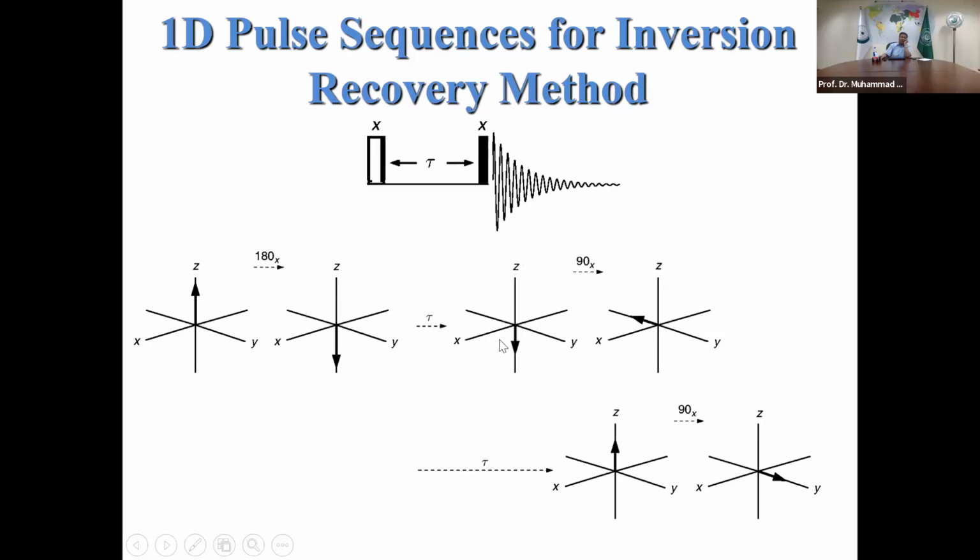And every time, after a certain time delay, if it is a negative signal, it will come by the right-hand thumb rule, minus. If it is a positive signal, up, then it is going to be plus. So you see from full negative to full positive.